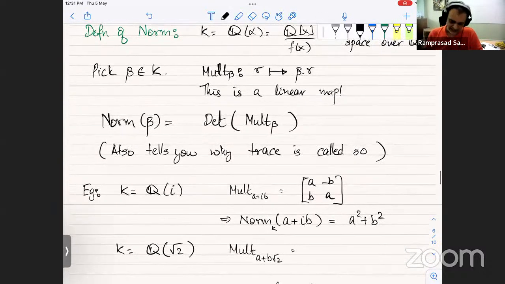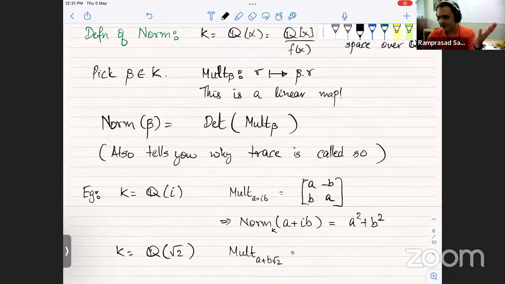Okay, now let's try a different example. Suppose your number field was actually Q root 2, and I have one of these elements of the form a plus b root 2. What is the matrix representation of this going to be? The first column is just a and b, because I want to know the image of 1. The other basis element is root 2.